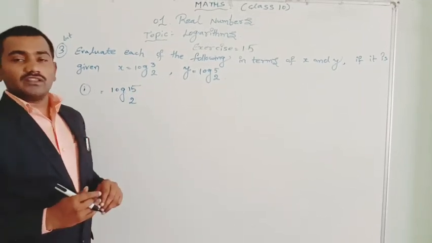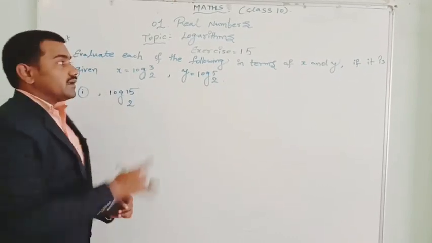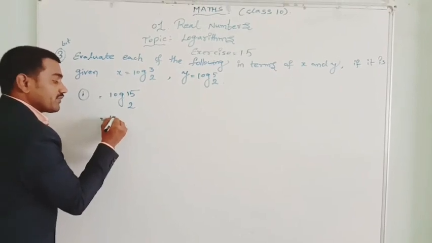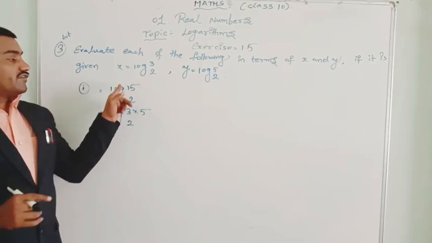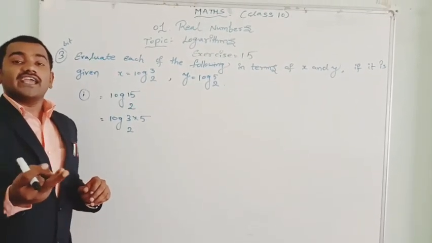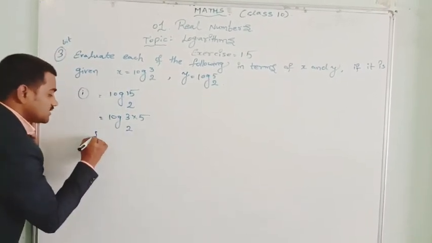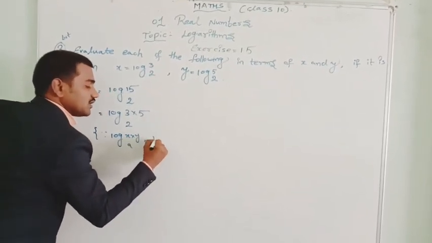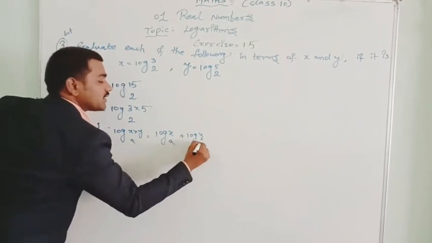How can we write it now in terms of x and y? We need to get an idea. Here log 3 is there, log 5 is there. 3 into 5 comes 15. So we can write 15 as 3 into 5 with base 2. Now it is in the form of log x into y, which equals log x plus log y. The formula is here: log x into y base a equals log x plus log y base a.